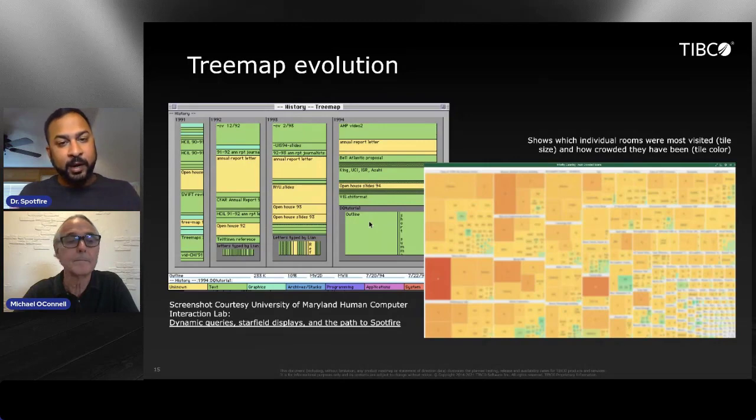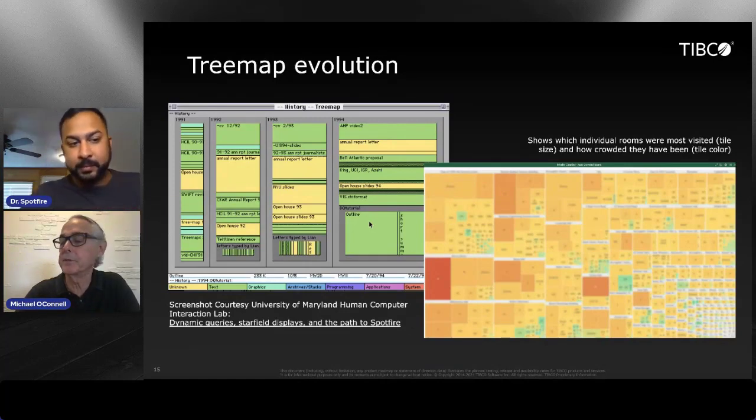So you can have a large room with 100 people visit, and that's not a big deal, but then you can have a small room with 100 people visit, and that is a big deal because of the area of the room. So the area of the room is actually used in this calculation, but by looking at these tiles, you're getting a sense of both. You're getting a sense of how many people were in a room and how crowded that room was. So I think that's really nice. Yeah, the size and the color are used to really great effect in combination there for sure.